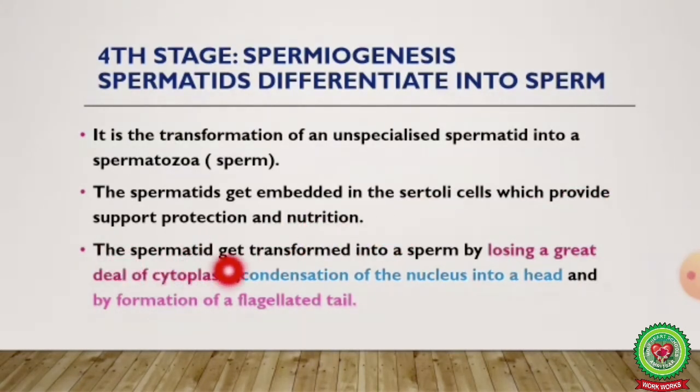The spermatid gets transformed into a sperm by losing a great deal of cytoplasm, condensation of the nucleus into the head, and by the formation of a flagellated tail. So these are the changes that take place in the spermatid to differentiate into a sperm.